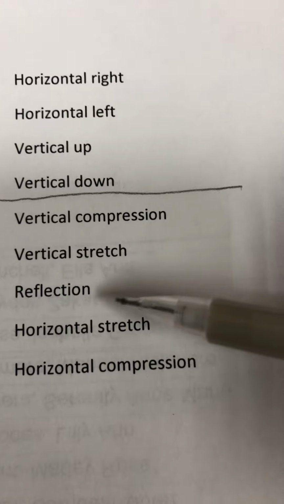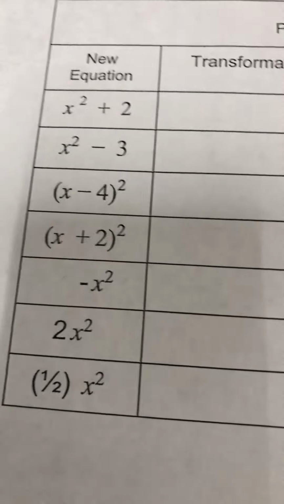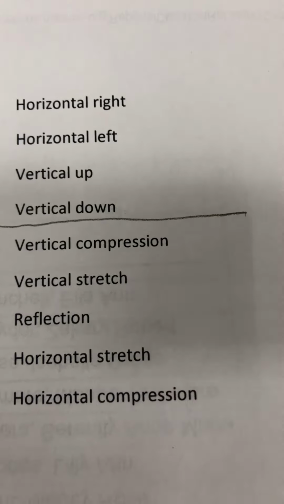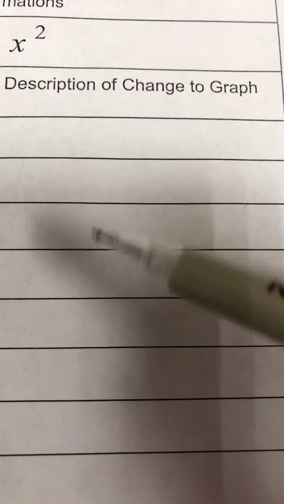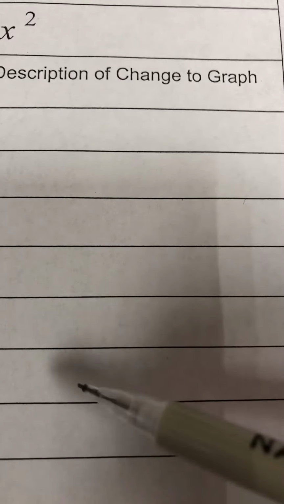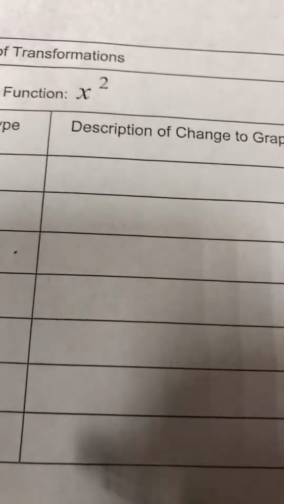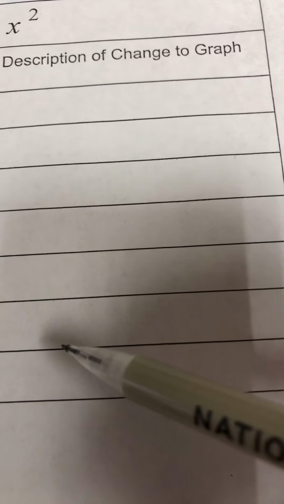Vertical compression, vertical stretch, reflection, horizontal stretch, or horizontal compression. Then you have one half x squared, and that's going to be vertical compression, vertical stretch, reflection, horizontal stretch, or horizontal compression. Once again, in your descriptions, explain how much it's stretching or compressing, or explain the reflection over what axis that would be.